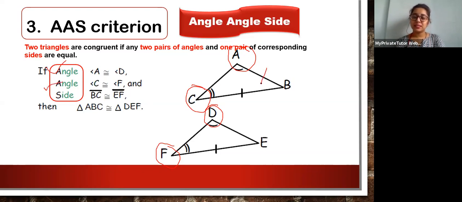It can be this side or this side, any of the sides. They have given us that BC is congruent to EF. Therefore, triangle ABC is congruent to triangle DEF by AAS criterion. Okay, getting it now.